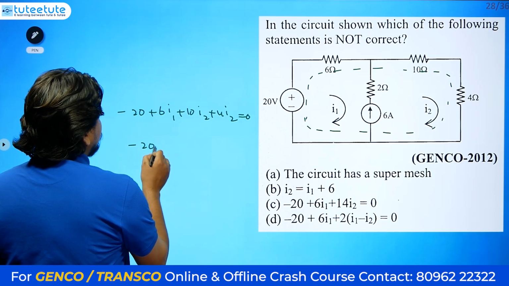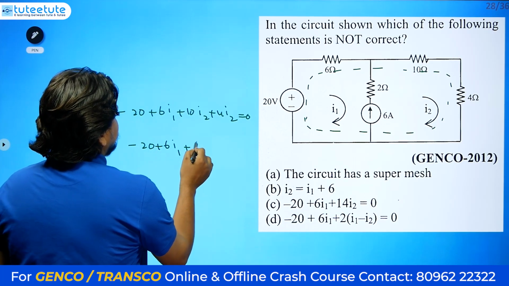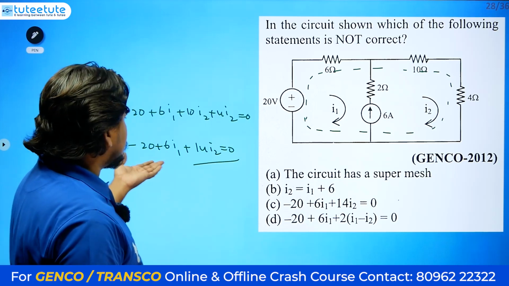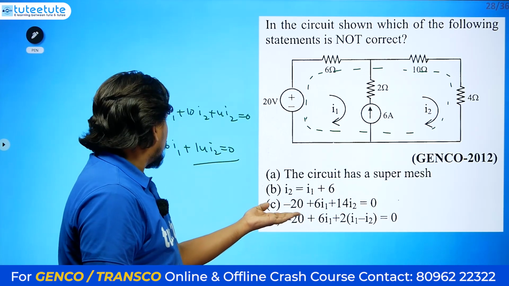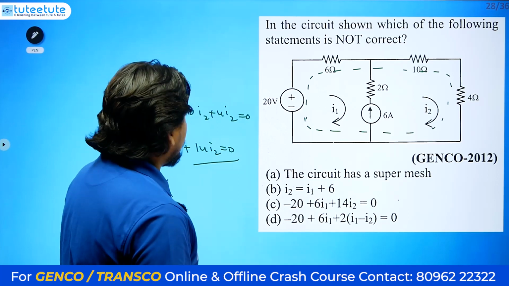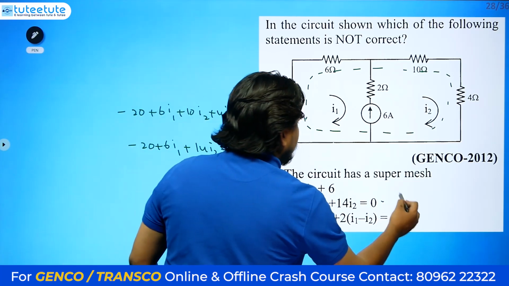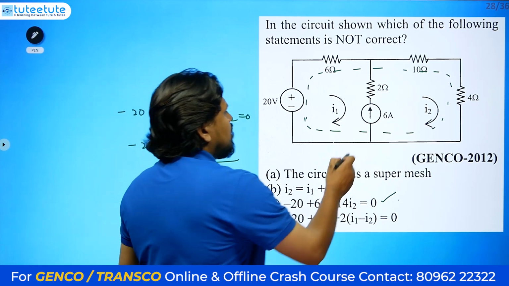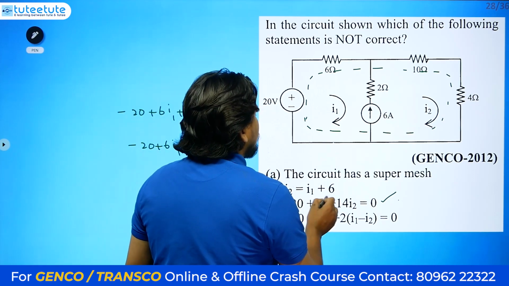Then minus 20 plus 6 I1 plus 14 I2 equals 0. This is one equation, so this option is correct. Then they are asking whether I2 equals I1 plus 6.